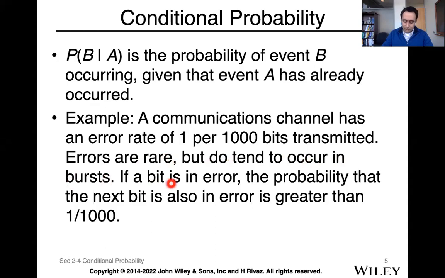And that means that if a bit is in error, there is a high chance that the next bit is also in error. And that chance is more than the 1 per 1,000 bit, right? So if we know that the neighboring bit was in error, then the chance of the current bit being in error is higher than 1 over 1,000.